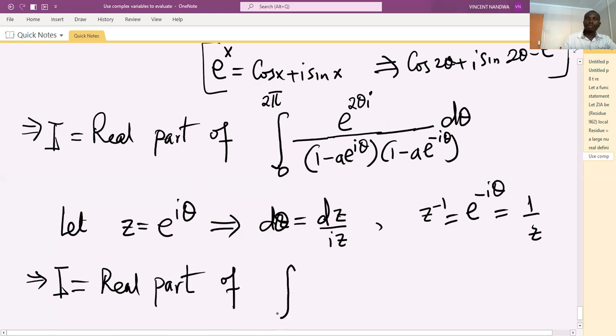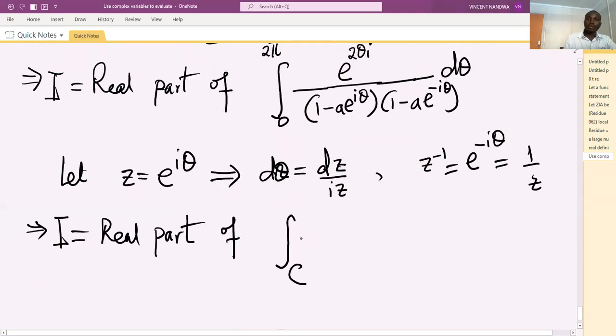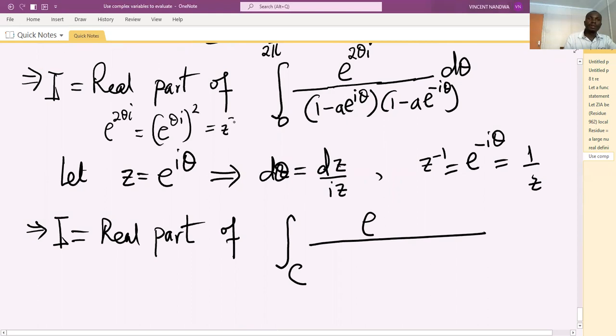Now once we bring in the z, we go to contour integration. So along, say, e raised to the power 2iθ, which is the same as e raised to the power iθ squared, so the same as z squared.